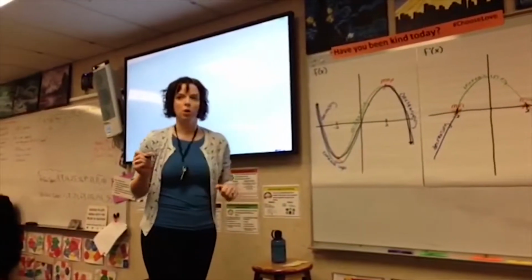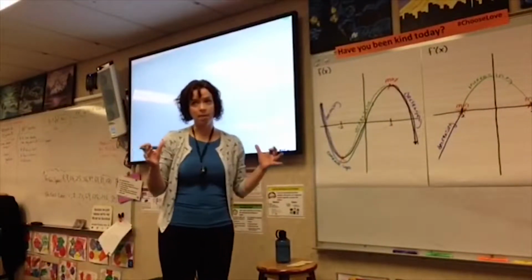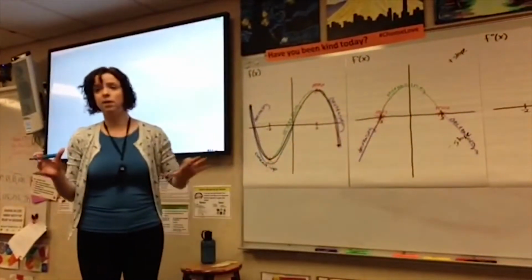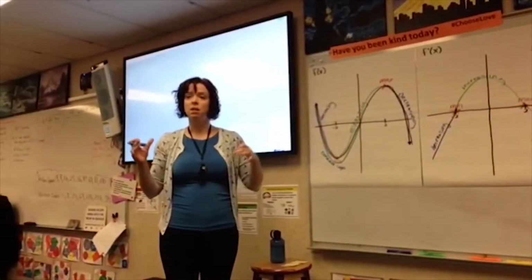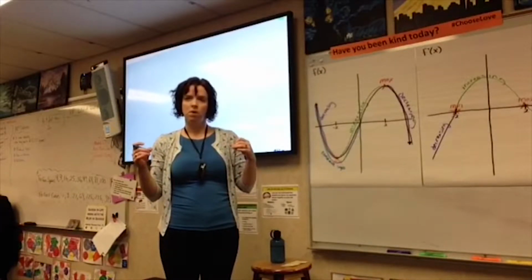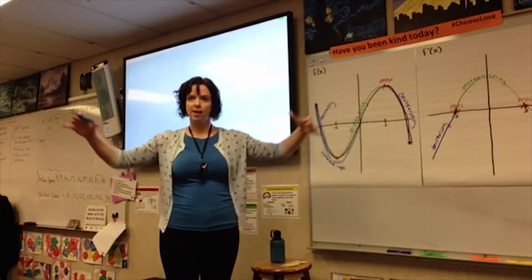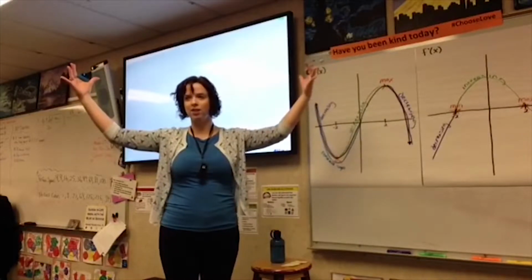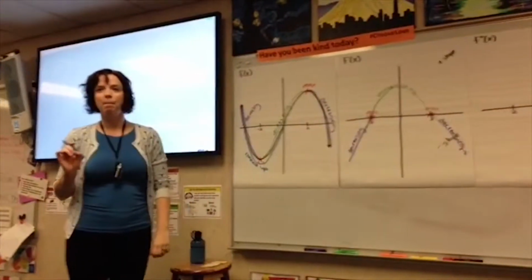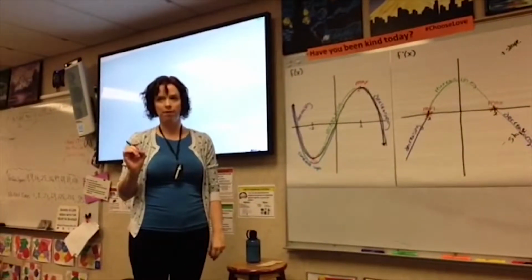Okay, so concave up on a first derivative graph is going to be what kind of slope do you think? So think about the word concave up. What kind of slope do you think up would represent? Positive slope. So where on this graph do you see a positive slope?